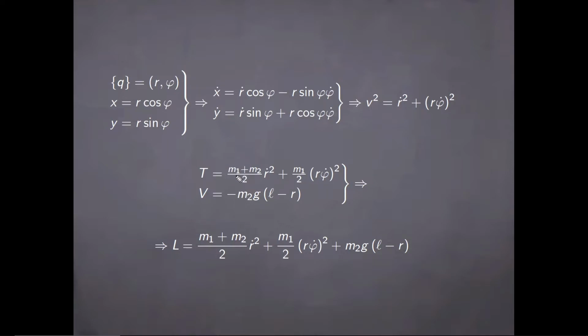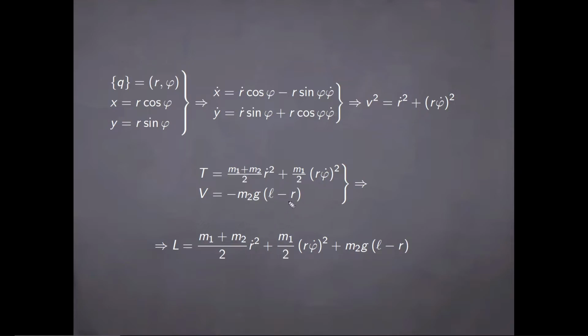The velocity of this mass on the radial coordinate will be the same as the velocity with which this particle drops along the thread. And we also have an angular component, or rotational kinetic energy, which is just for the rotation of the mass m1. And the potential energy is written as here.